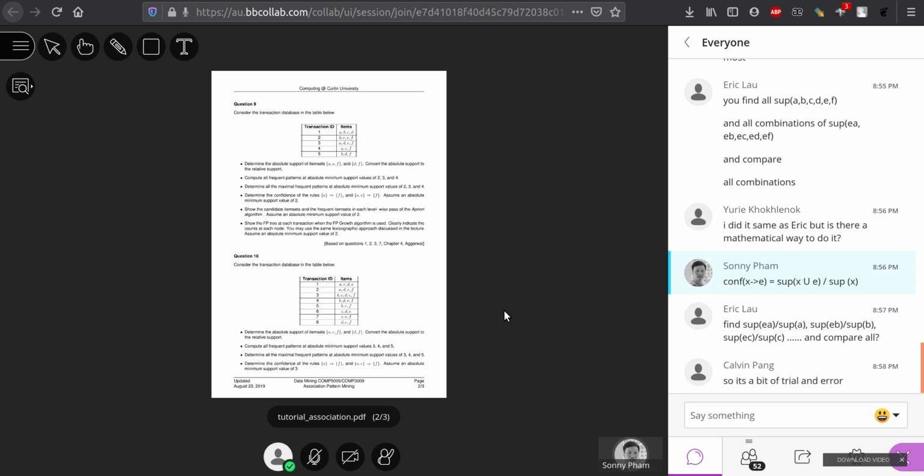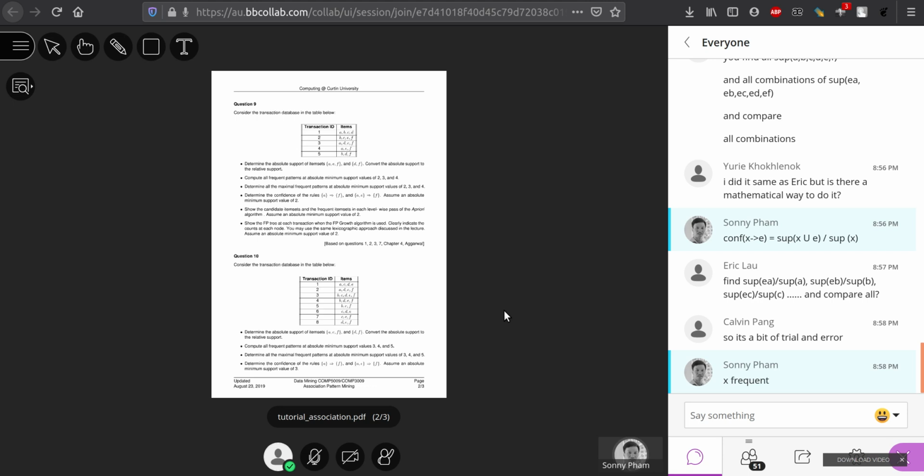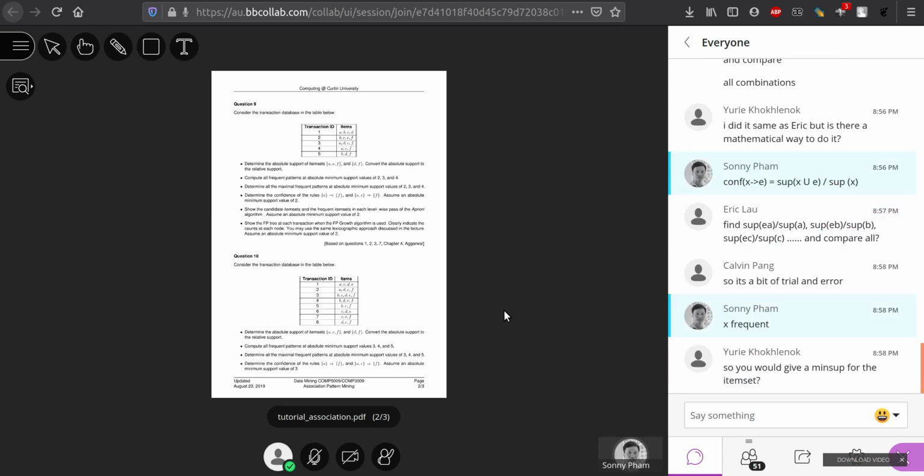But what I can specify in the question is that I will require X to be a frequent item set, so that makes it easier and reduces the search space. Exactly.